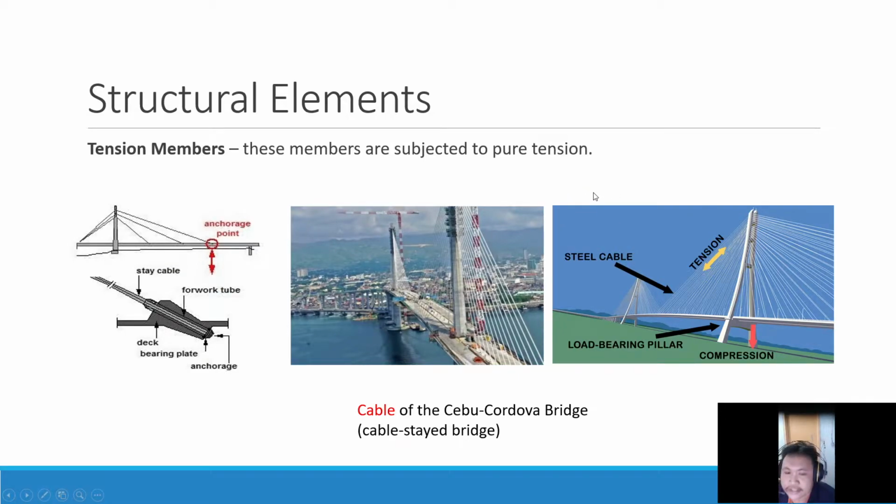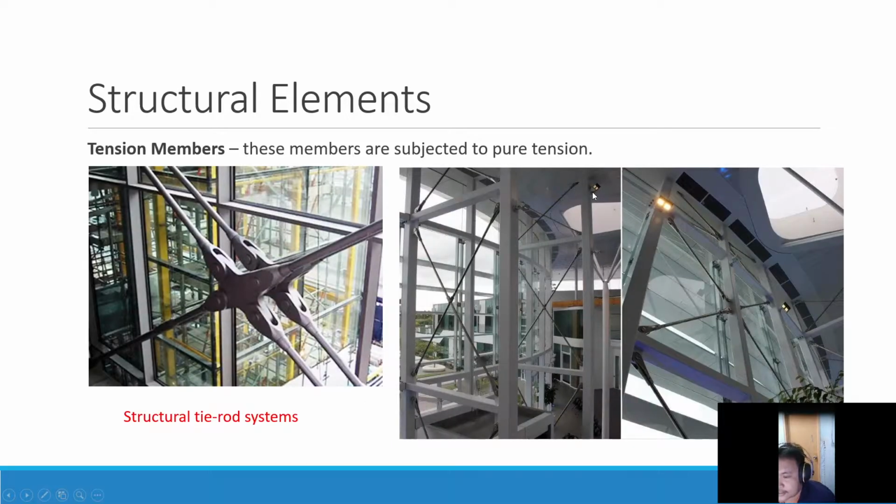Another example of tension members are the bracing or struts. As you can see, these are the structural tie rods. These are systems that help frames.